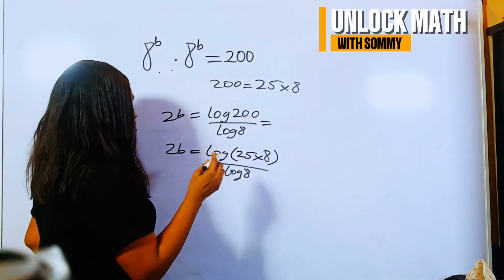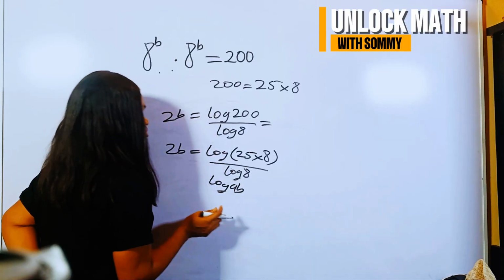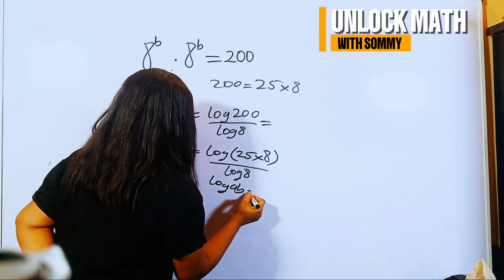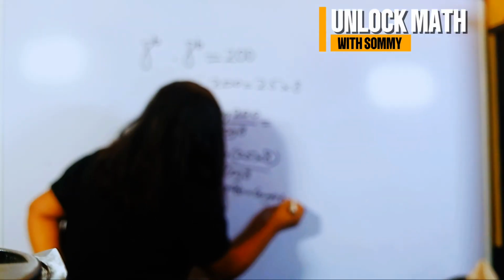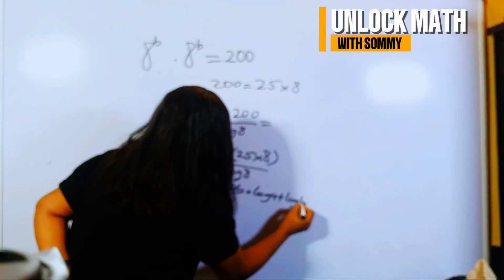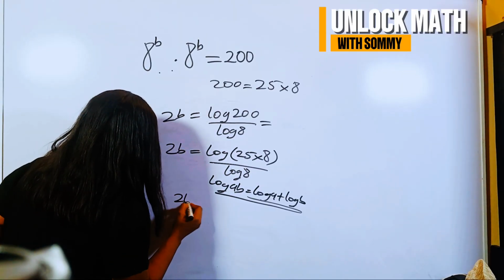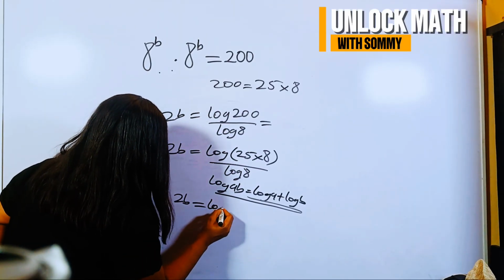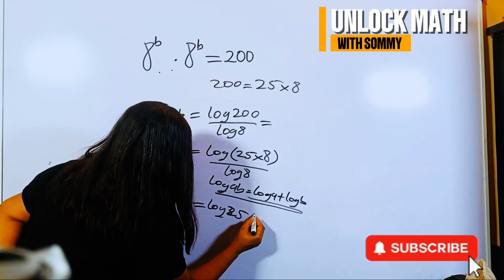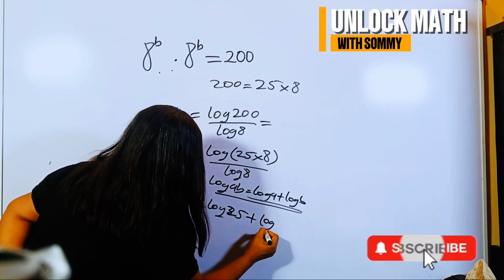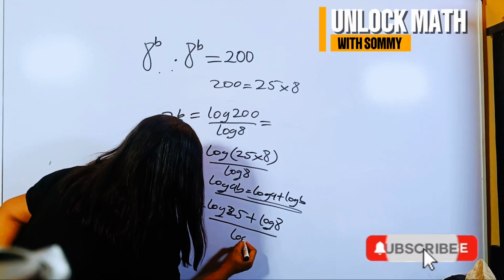Remember, log of a times b is the same thing as log a plus log b. If we apply this here, we now have 2b equals log 25 plus log 8, all divided by log 8.